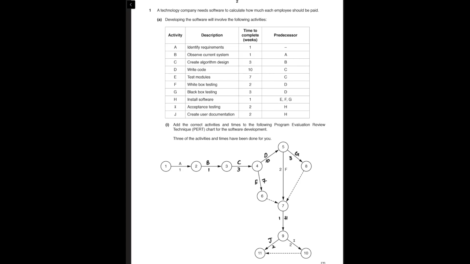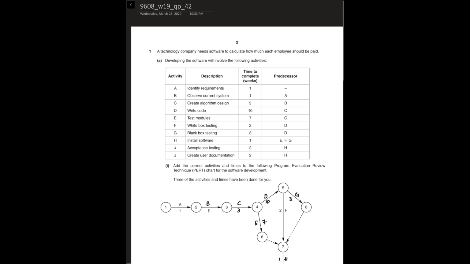A starts without any predecessor and has 1 week length, and then B starts after A, C starts after B, D starts after C, similarly E starts after C, and then F starts after D. Then we have G, which is also starting after D, so that is fine.